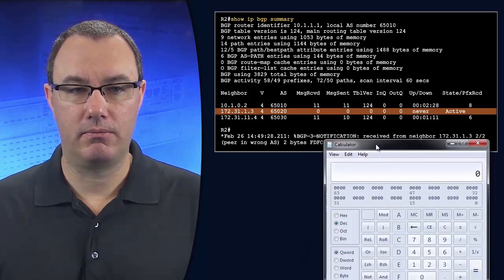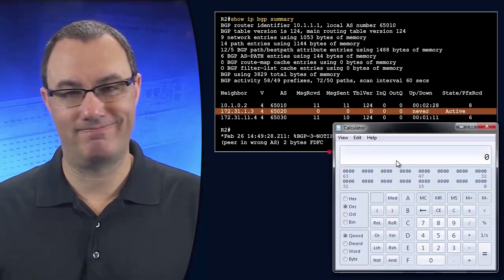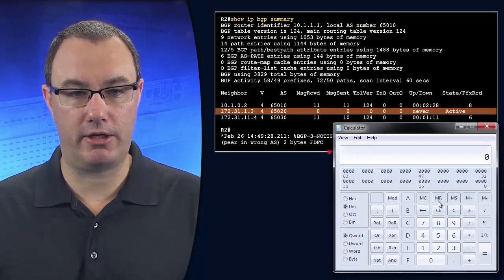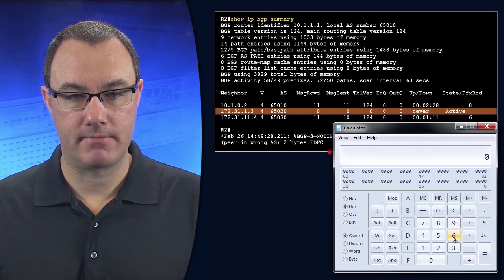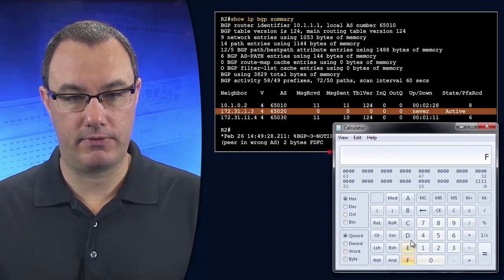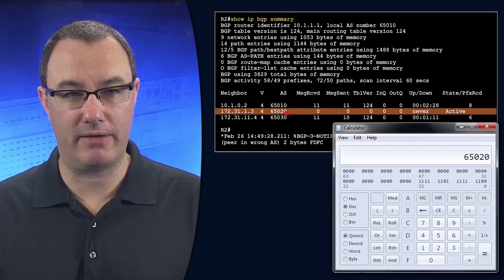If I want to check that number, FDFC, which is a big number, so I'm not going to try to do that in my head. I'll put it in hexadecimal, FDFC, convert that to decimal, 65020. Oh, yeah, that matches what we have.